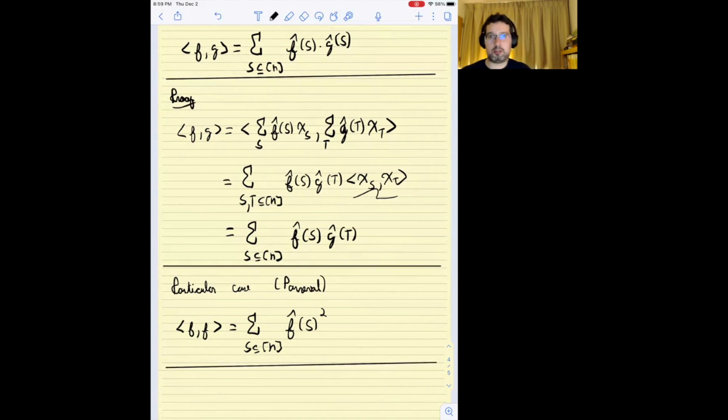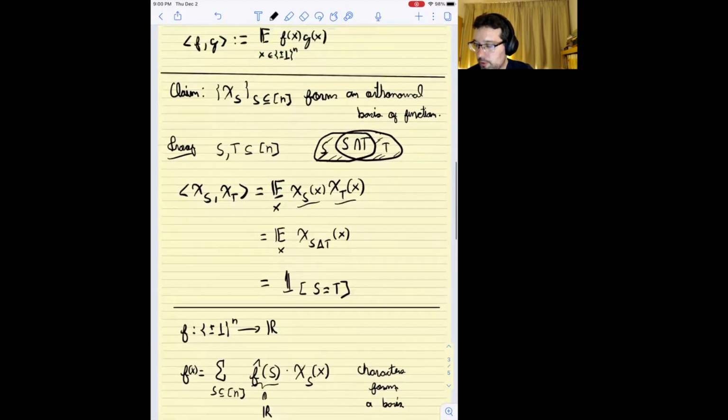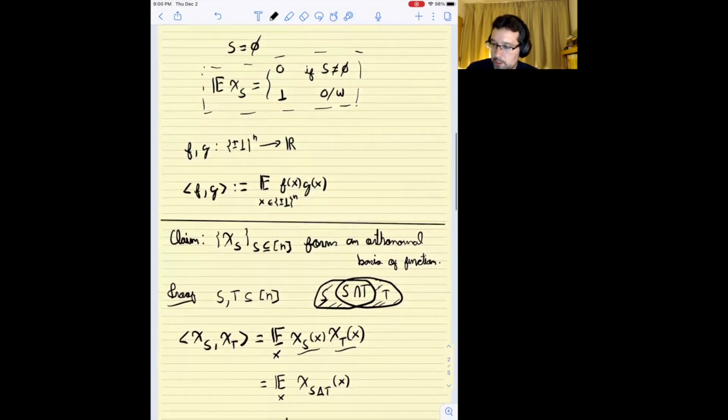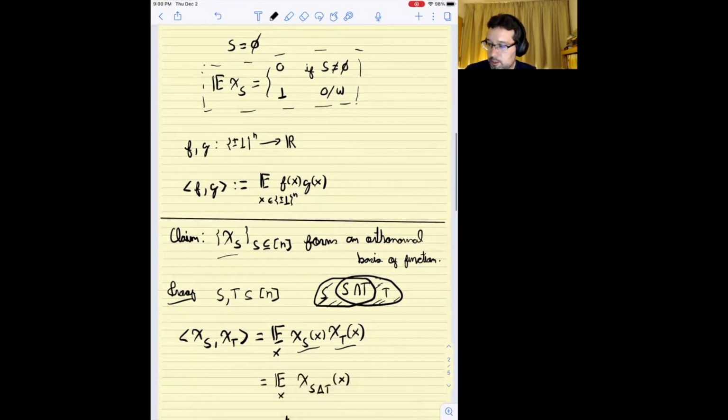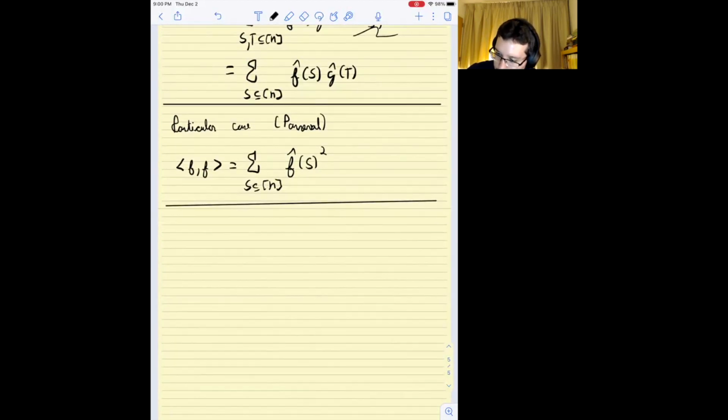All right, so that essentially covers a lot of the things that you want to say. One important notion of the complexity of a character is the degree. A character is sort of a monomial, and you can look at what its degree is. The degree is precisely the size of the set. So suppose that you have a chi S, and S is again a subset of the elements here.